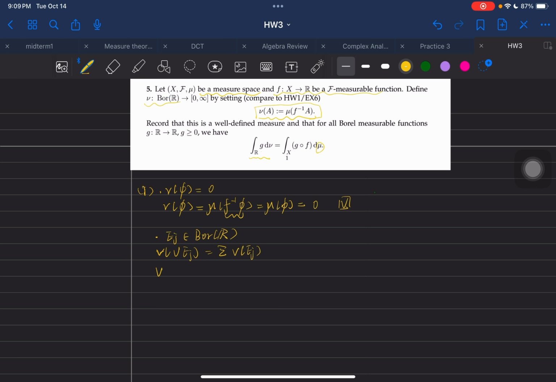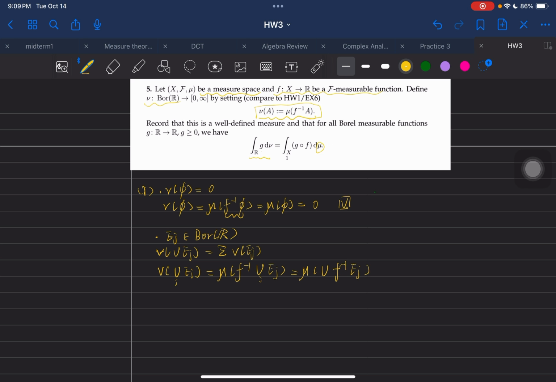So let's do it: nu of the union equals mu of f inverse of the union of E_j, which is essentially just the union of f inverse E_j.